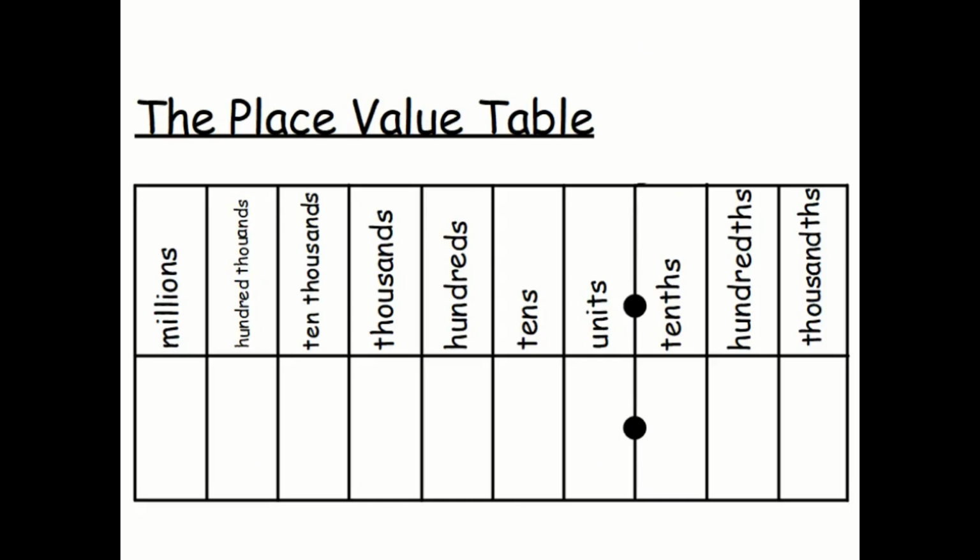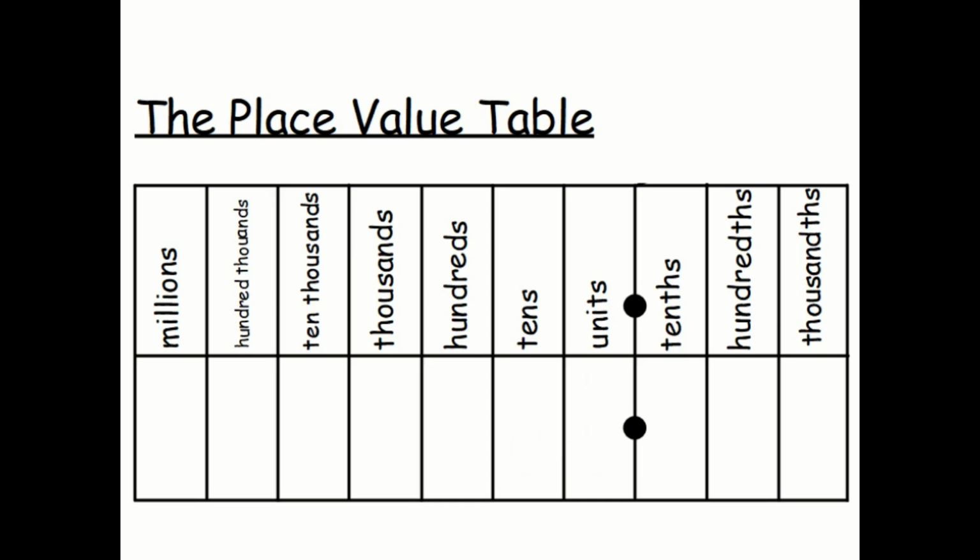So, as I said, we're going to refer a lot to the place value table. If we've got a 5 here in the units or ones column, then it's less of a value than if the 5 is positioned here, for example.